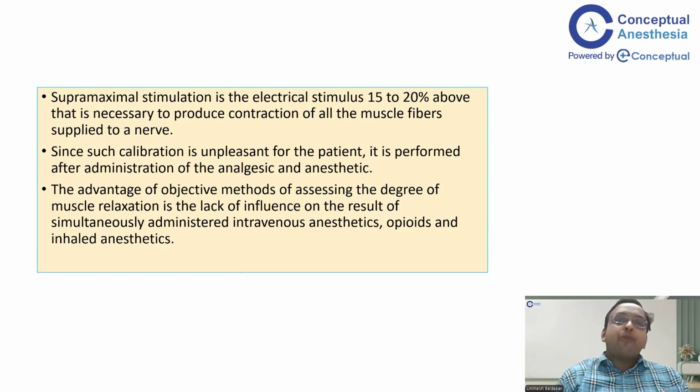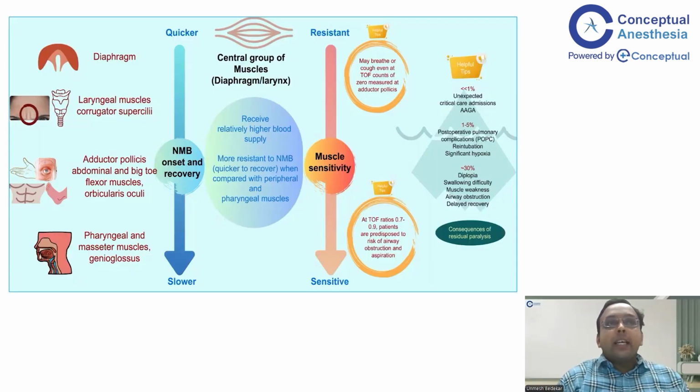The advantage of objective methods of assessing the degree of muscle relaxation is the lack of influence on the result of simultaneously administered intravenous anesthetics, opioids, and inhaled anesthetic agents. So as you can see in this diagram, these are the muscle groups blocked after the administration of a neuromuscular blocking agent.